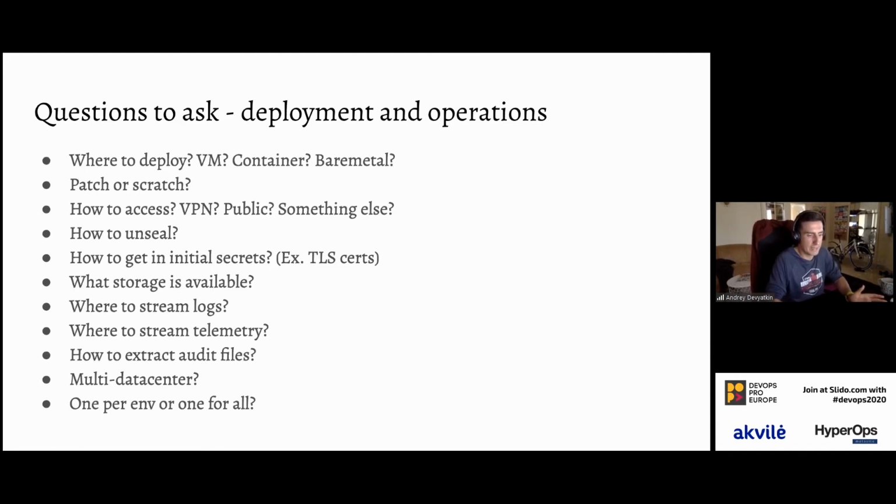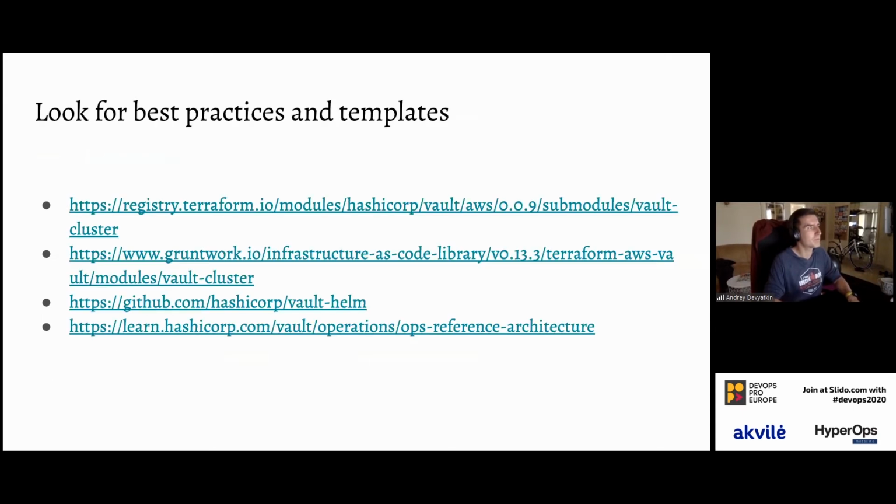And that will give you an idea of where to start, because a good question usually contains half of an answer, and those are the questions you ask. And then when you answer those questions, you look for best practices and templates. The good thing is that there are a number of things that you could take advantage of. For instance, there are Terraform modules available in open source, and there is one coming from Gruntwork.